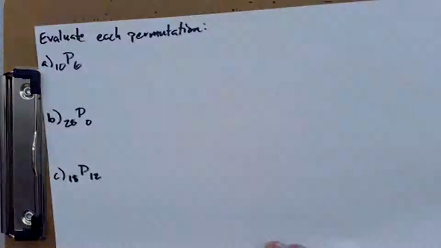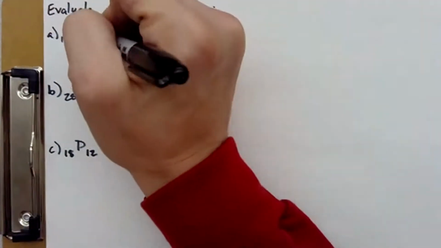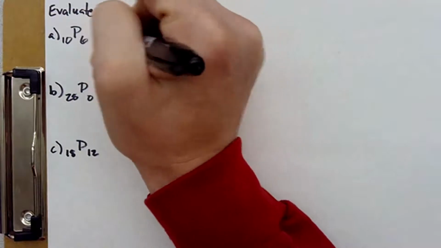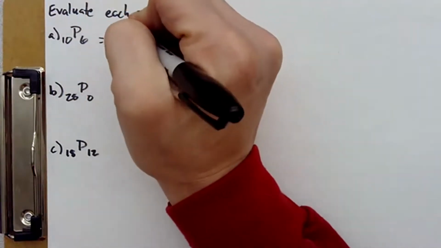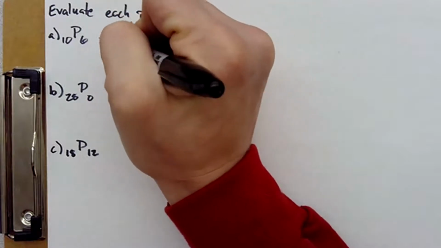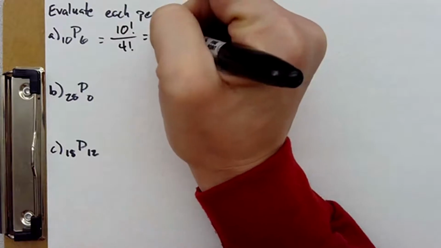Now we've got some more complicated permutations here. 10 pick 6 is 10 factorial over 10 minus 6 factorial is 4 factorial. Well, I can do this, makes it a little simpler for us.